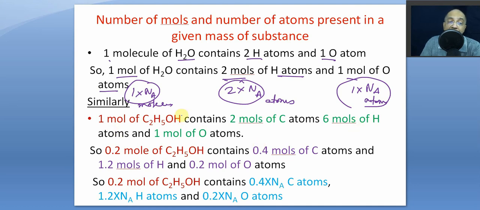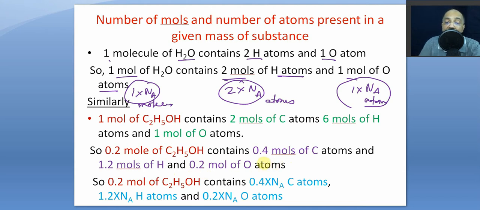If 1 mole of the compound contains these many moles of individual elements of atoms, then 0.2 mole of ethanol will contain 0.2 into 2, that is 0.4 moles of carbon atoms, 0.2 into 6, that is 1.2 moles of hydrogen atoms, 0.2 into 1 is again the same, 0.2 mole of oxygen atoms.